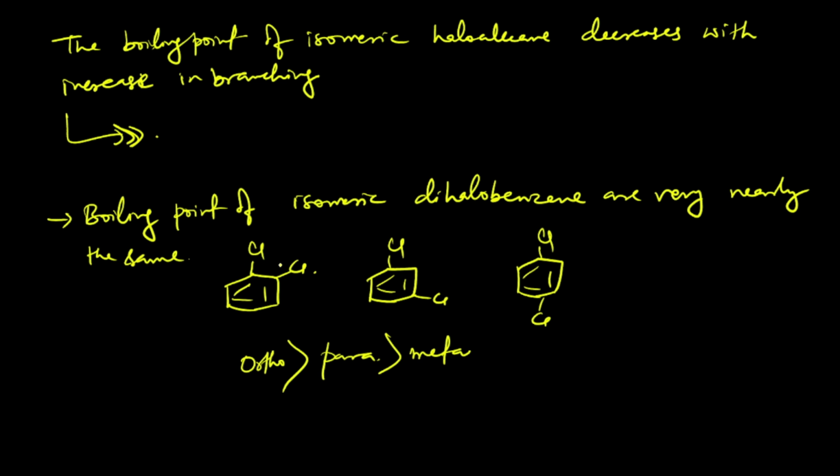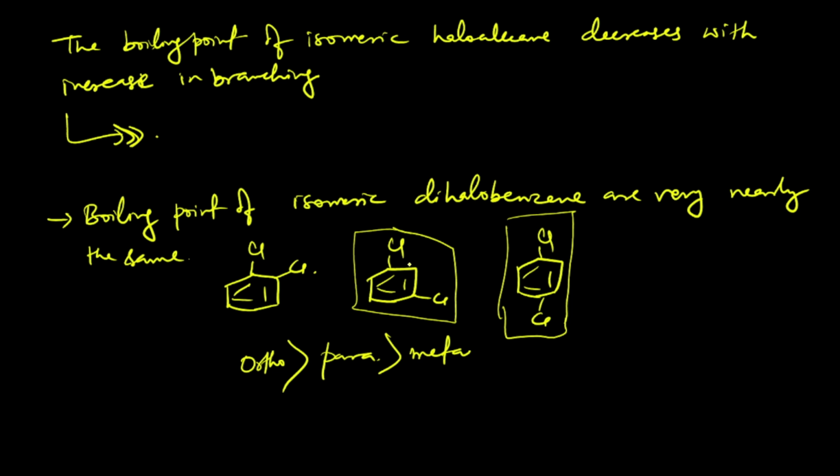See, the arrangement and interaction will be there with the chlorine. Meta is not well fitted in a crystal, but para fits very well in a crystal, so it has more boiling point. Meta has a very low boiling point.